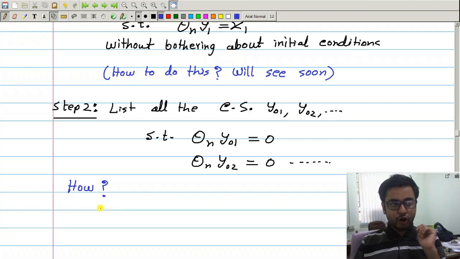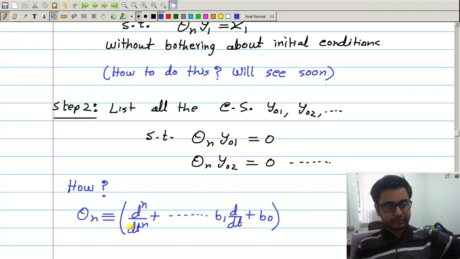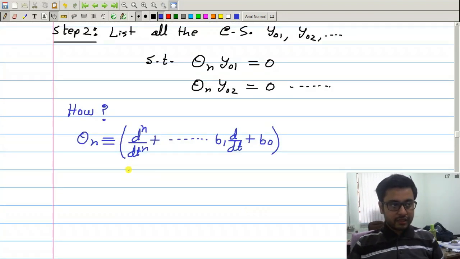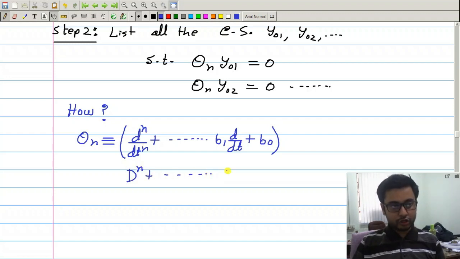Let us recall that O is the same as this operator, and yesterday we learned how to factorize this operator. To factorize, we will first write a polynomial D^n plus b1 D plus b0, and we will equate it to 0.